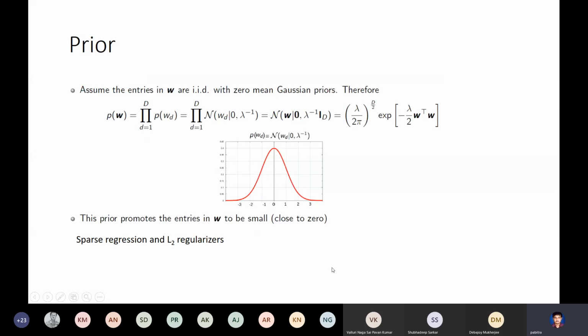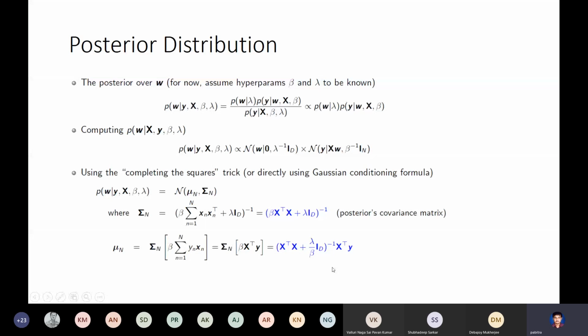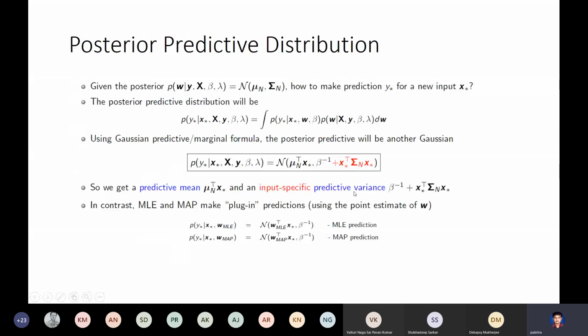Again, this is the expression. It is mu n times x star, and this is the mean, and the variance is beta inverse plus x star transpose sigma n x star. So this is actually a big normal distribution. Since these are conjugate priors, this is still a normal. You can derive either your MLE estimation or MAP estimation. MLE is where you maximize the likelihood, MAP is where you maximize the posterior.